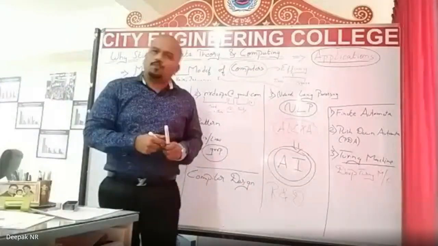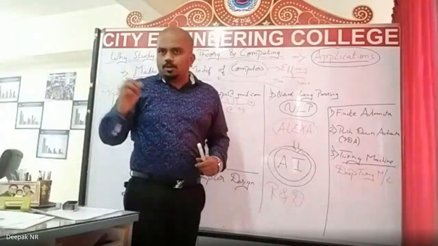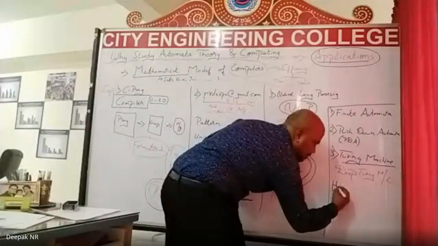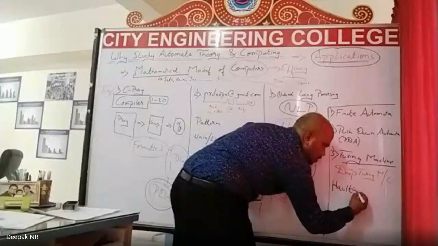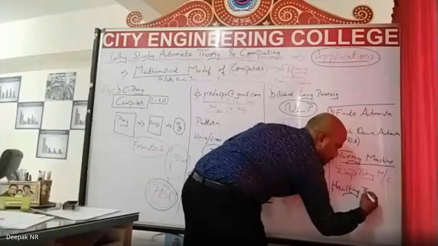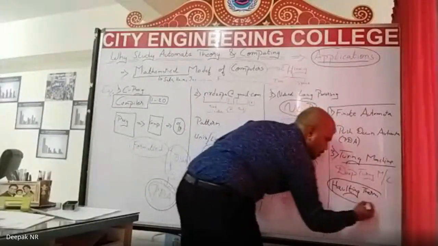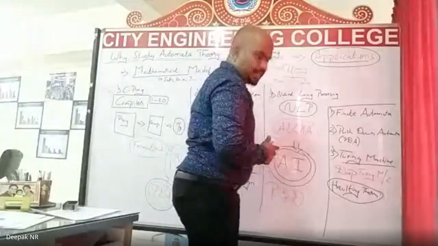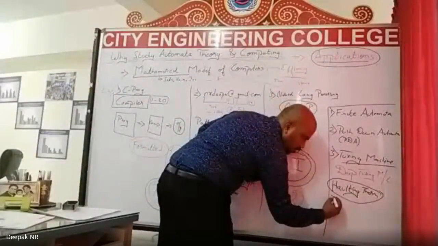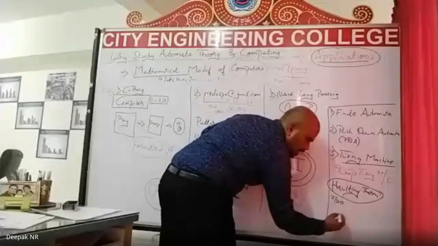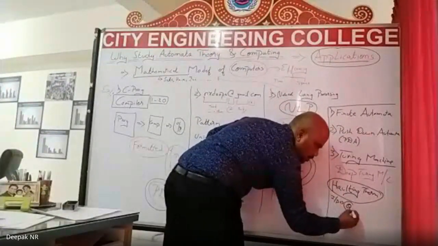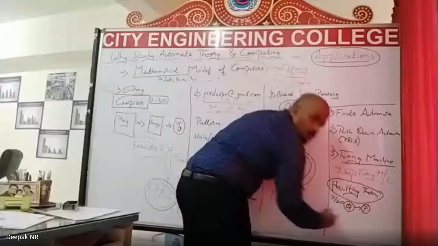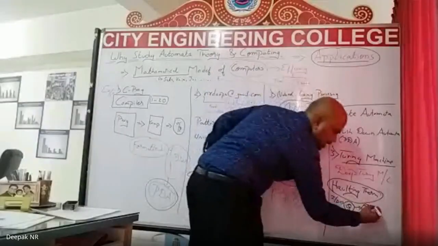The better example for a Turing machine, I hope you have gone through this subject in data structures, is something called the halting theorem. What do you mean by the halting theorem? It says there will be a set of inputs and a program called Q, which will be loaded to a program called P. For the given program P, I generate an output.